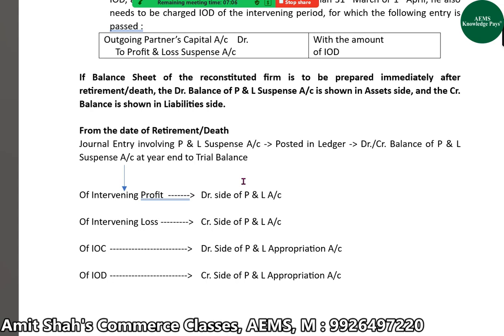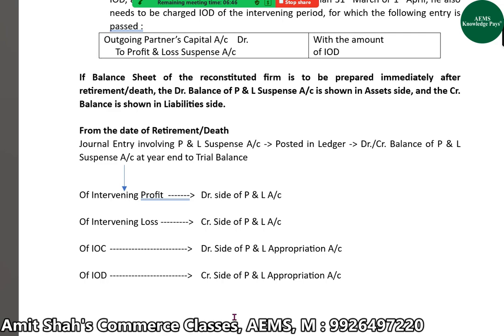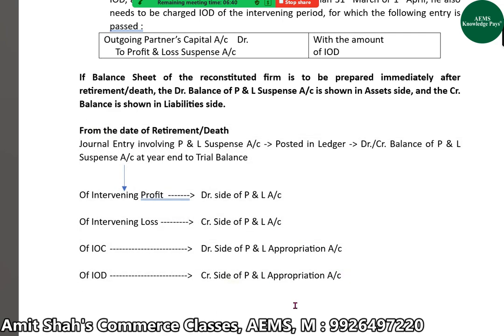Even in books you will not find any question in which you have to prepare balance sheet, trading and P&L account and P&L appropriation account of an accounting year in which a partner has retired or died, right? Still, this is for your additional information and knowledge. Have you understood, guys, this much? Yes, sir.